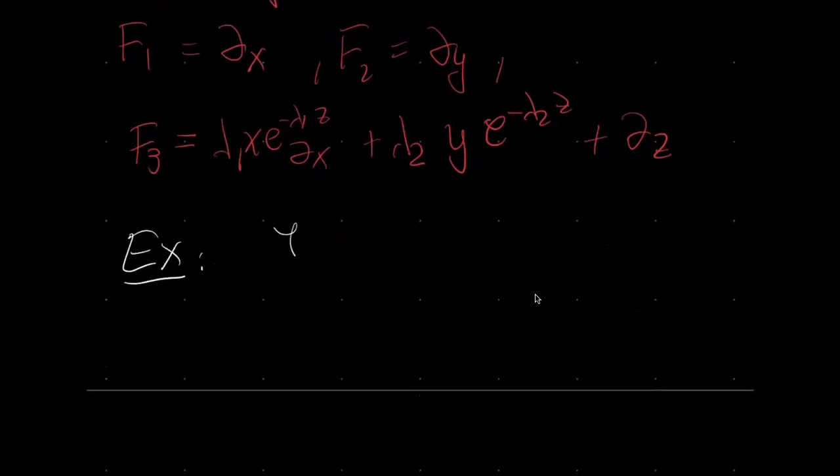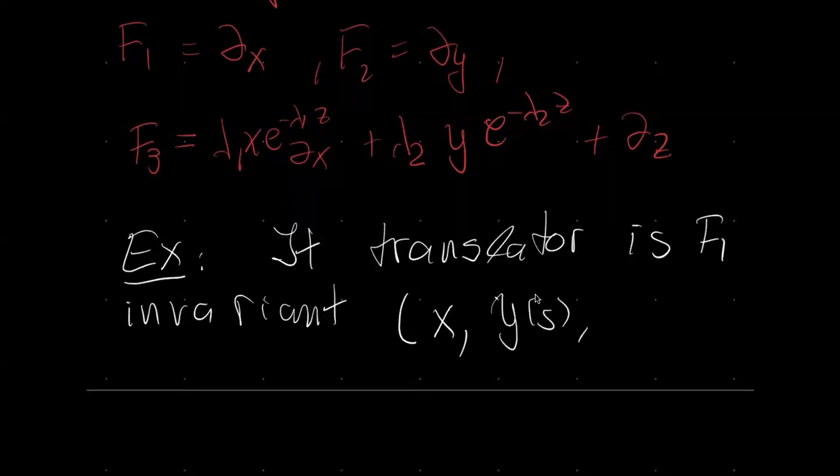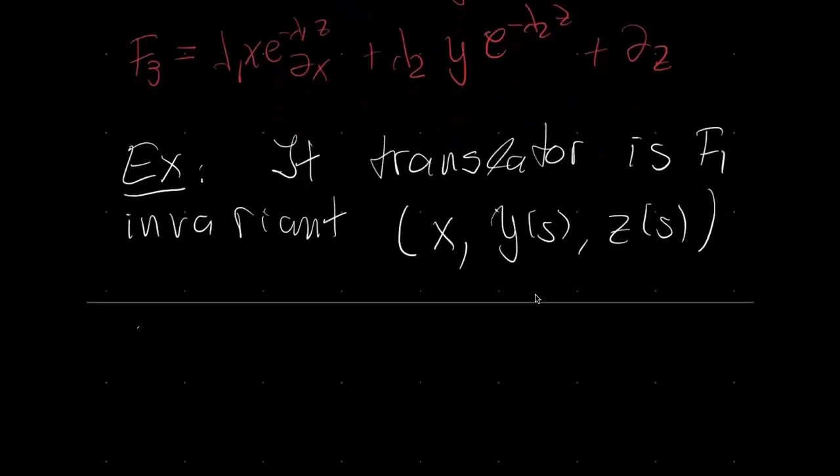If the translator is F1 invariant, then you can write this as (x(s), y(s), c(s)), and the normalization that we do is that the curve is arc length parametrized.